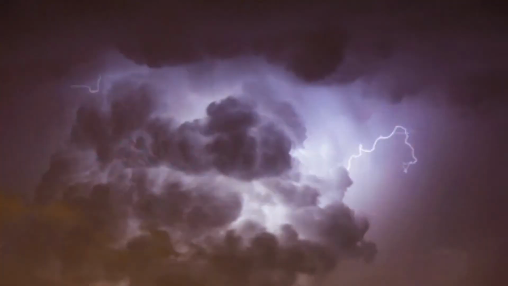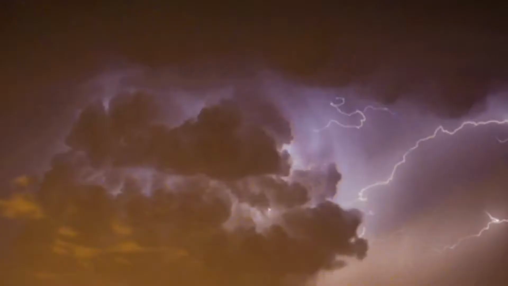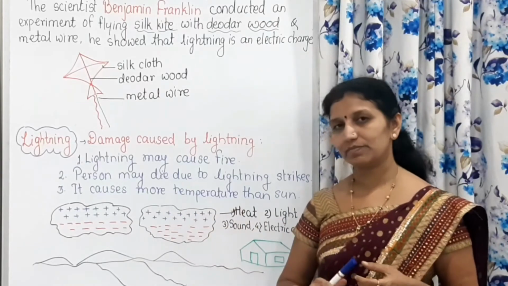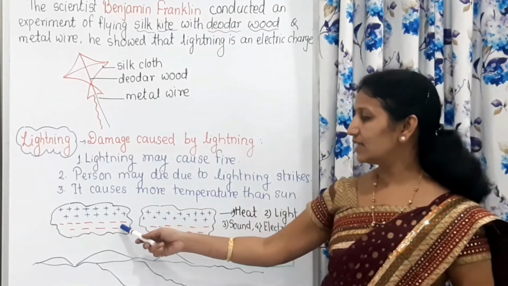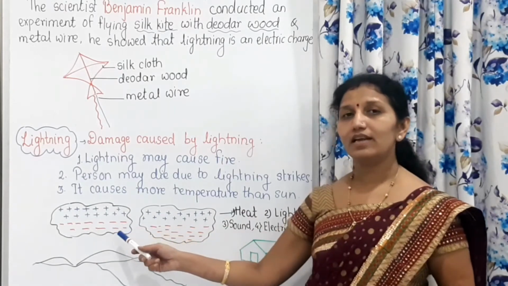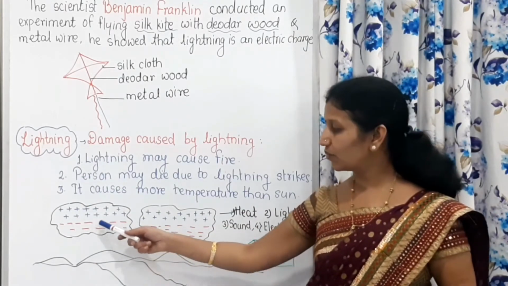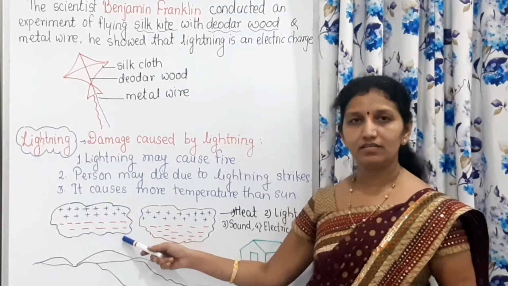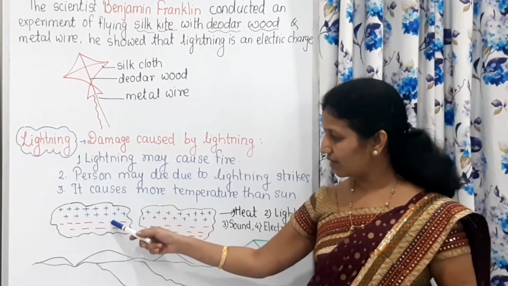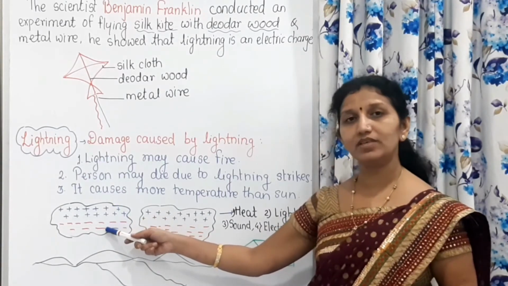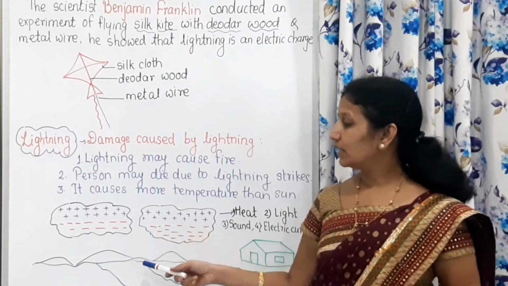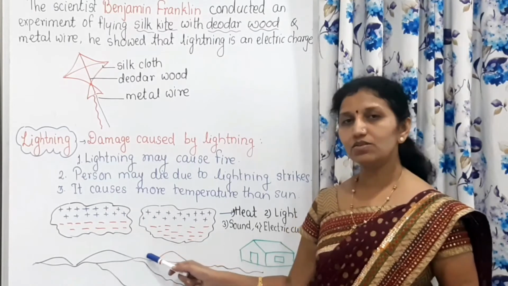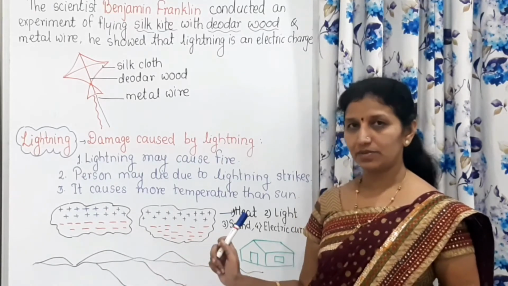That means there are more negatively charged particles in clouds. Consider that these clouds have more negative charges at the bottom of the cloud than the charges that are present on the plain ground.